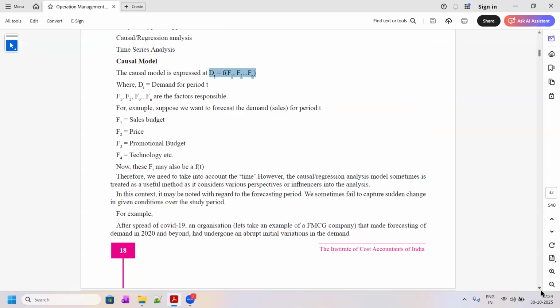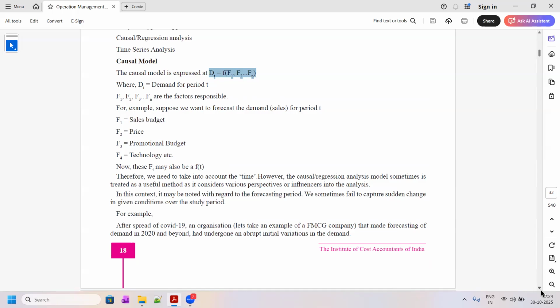If I bring real life situations into the form of mathematical formulas, then there can be some parameters, which I have tried to put here: sales budget, pricing, promotional budget, technology. And here we need to take account of time, because we are talking about everything from the perspective of time only.